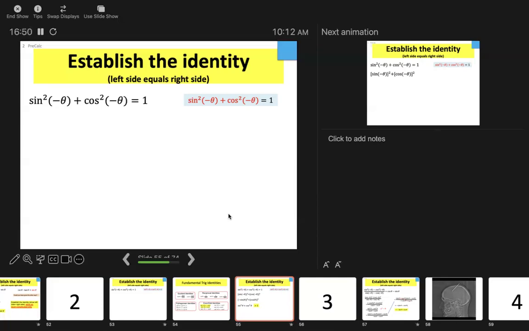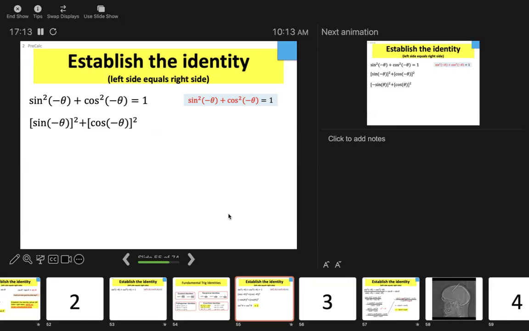Both of these equal exactly the same thing. So if I put the x in parentheses and I square it, I still get x squared. Well, I'm going to show you a step before we do our odd and even functions. Instead of writing sine squared negative theta, I'm going to put parentheses around the whole thing and square it.